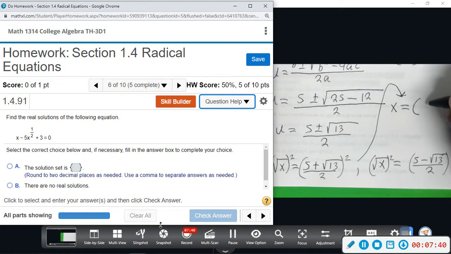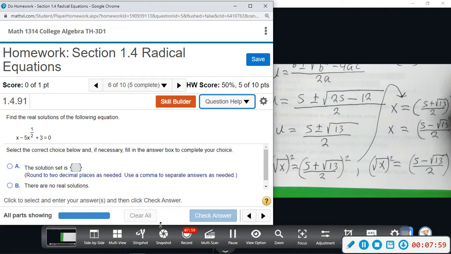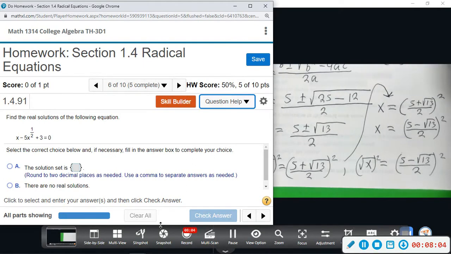X equals 5 plus square root of 13 divided by 2, whole thing squared, and x equals 5 minus square root of 13 divided by 2, the whole thing squared. Now, a lot of work, a lot of places to make mistakes, so check your work carefully.